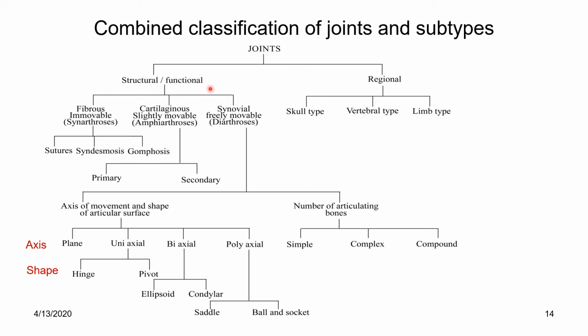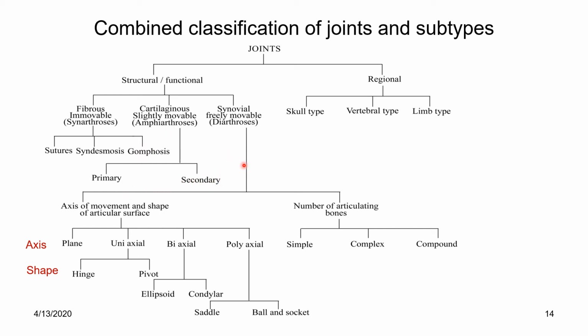Structural and functional combined: the synarthrosis, amphiarthrosis and diarthrosis. The synarthrosis is divided into sutures, syndesmosis and gomphosis. Cartilaginous into primary and secondary.